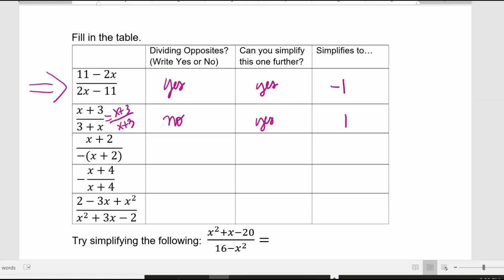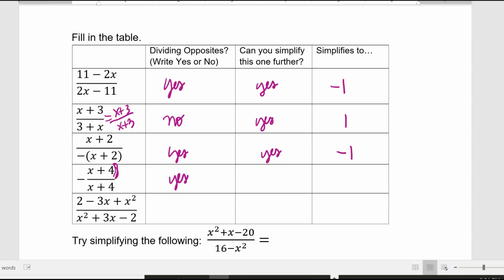Next, are we dividing opposites? Yes. Again, if we're dividing opposites, it will simplify to negative 1. Yes for the next one, because we have a negative, this really means negative parenthesis this. So if it means negative parenthesis this, then that means you have to distribute that negative to everything on your right.